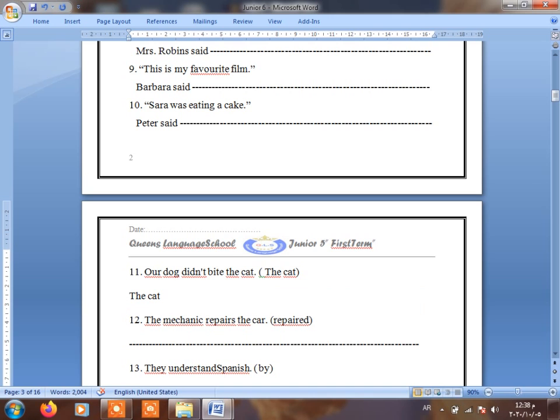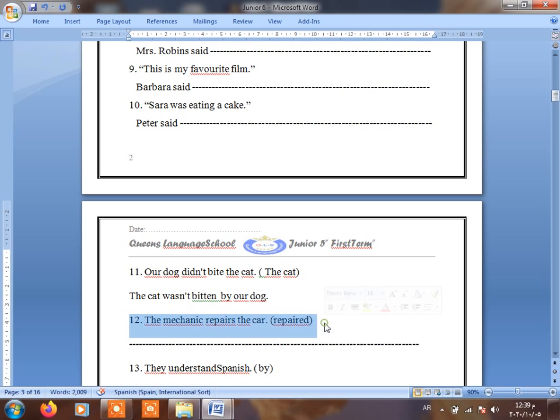If it's past simple, I cannot put am or is or are. So what's the past of am or is or are? It was or were. So the cat wasn't bitten. It's didn't here, so I have to make it negative. Good job. So it will be wasn't bitten by our dog.